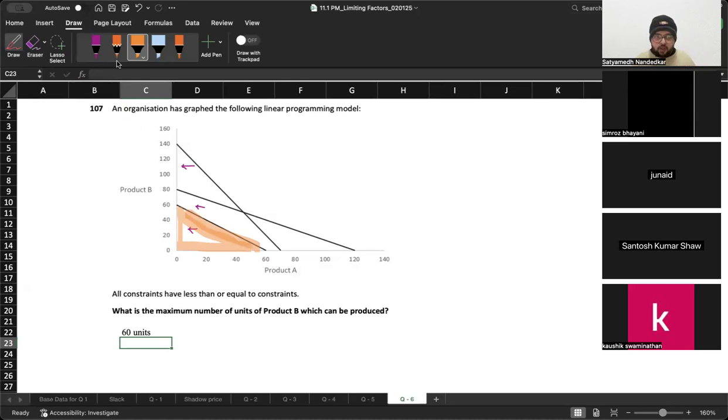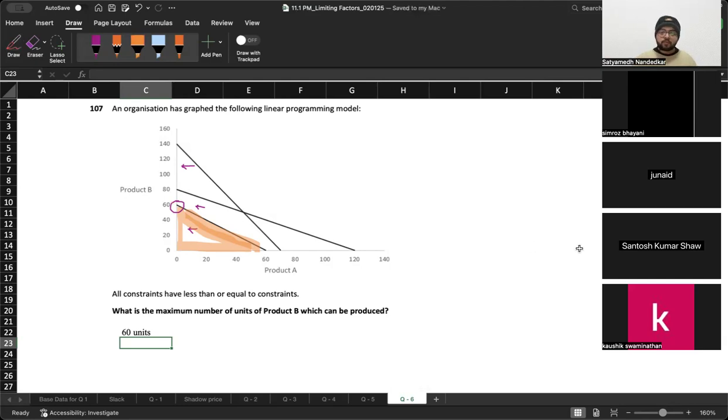If these are the three corner points of the feasible region, optimal solution has to lie on these points. 0, 0 पे तो होगा नहीं. They have asked me what is the maximum number of units of product B which can be produced. The answer has to be this much, which is 60 units. The maximum units of product B which you can produce are 60. ठीक है?